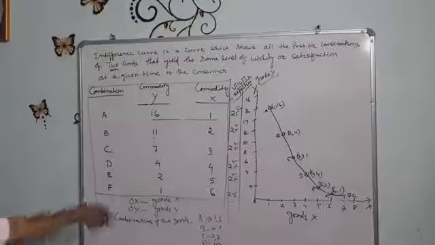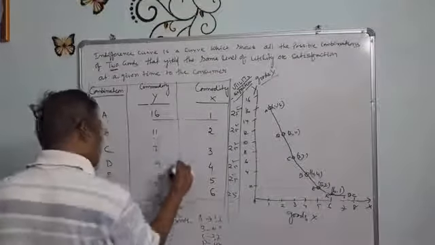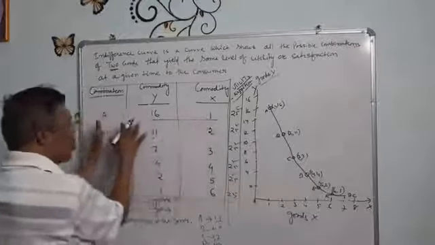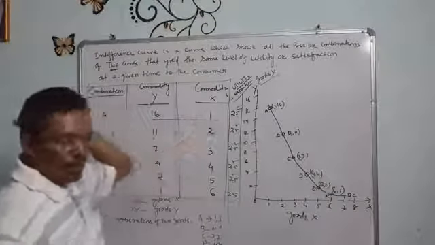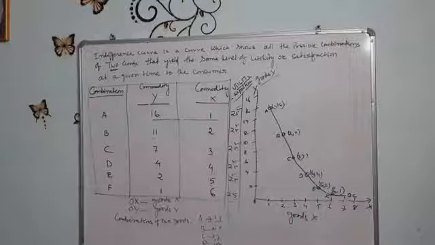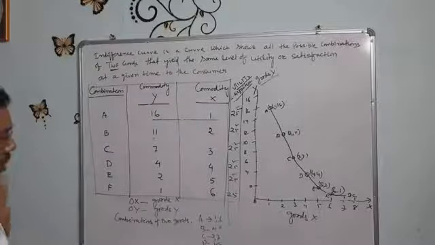So what is an indifference schedule? The indifference schedule is a tabular presentation. It shows the different combinations of the two goods which yield the same level of satisfaction. That is called the indifference schedule. So the indifference schedule is a tabular representation which shows the various combinations of two goods that yield the same level of satisfaction to the consumers.